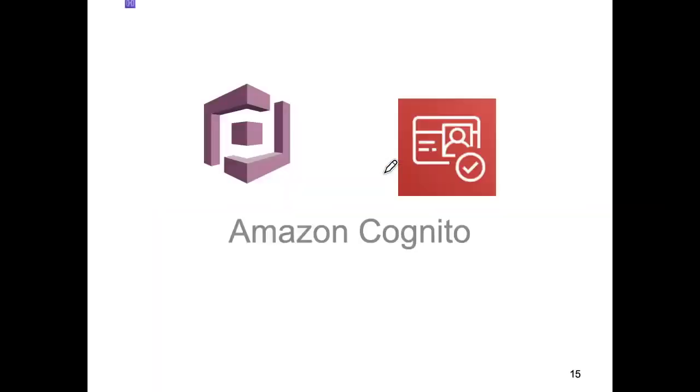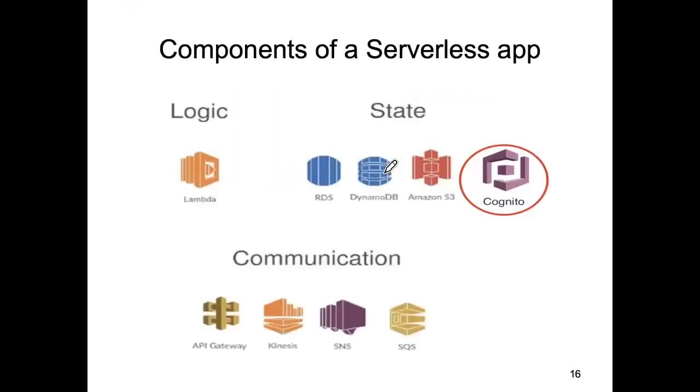The next service is a service called Amazon Cognito. So what's that all about? Amazon Cognito, I've actually squeezed it in here as another part of the state management of an application. In this case, it's a particular part of the state aspect of an application.